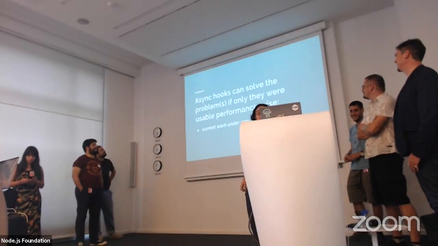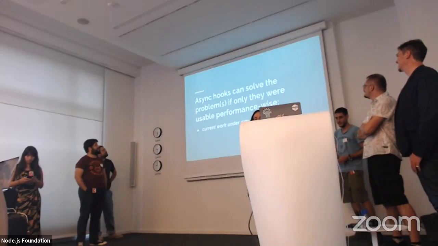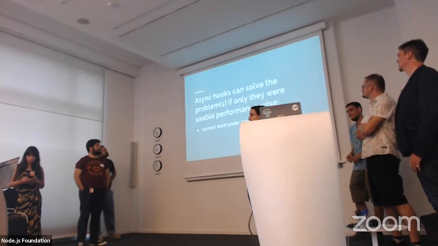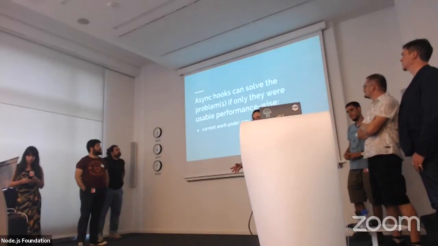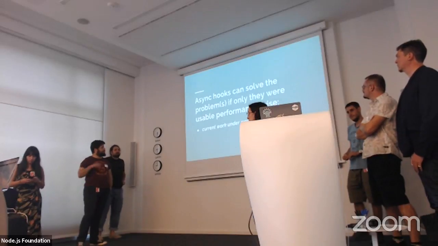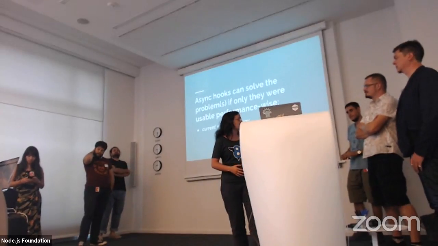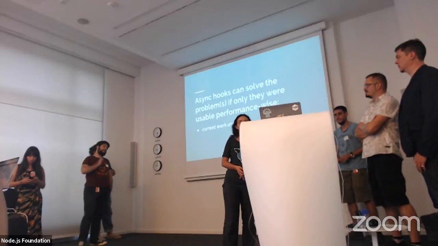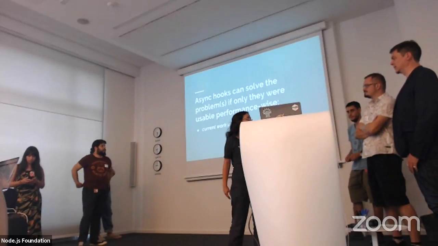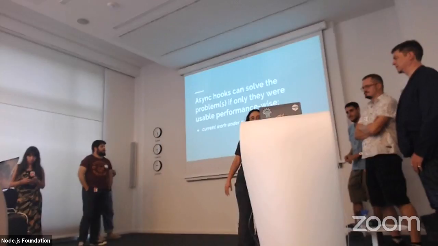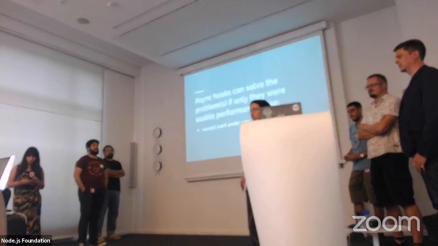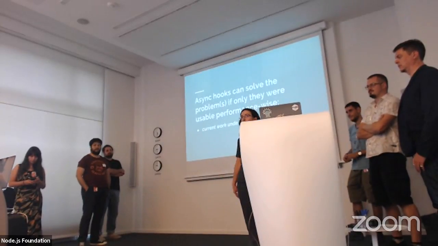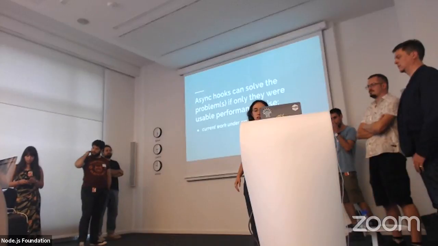The next thing we pointed out is that the async hooks can solve a lot of the problems that were common among users and were pointed out and actually gathered by Benjamin. So we have current work going on for making these faster so that users can use them in production as well.